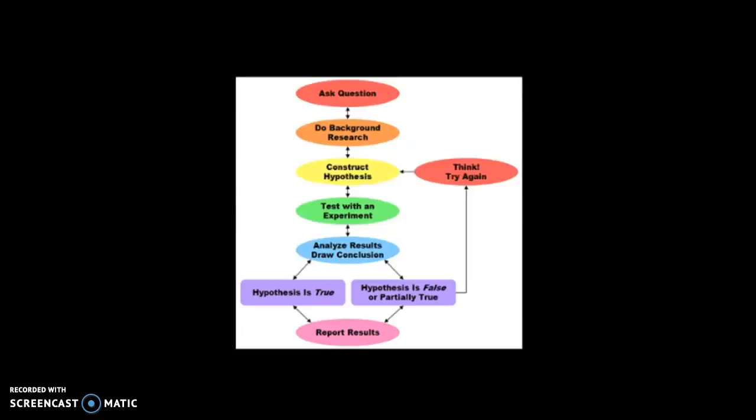The first thing we're going to do is ask a question or have a problem, and we're going to do some research in order to answer that question. The reason we do research now is because we want to construct a hypothesis, but a hypothesis, as you've probably been told before, is an educated guess. Well, you cannot make an educated guess without doing any kind of research. So we answer our question through our hypothesis, and then we conduct our experiment.